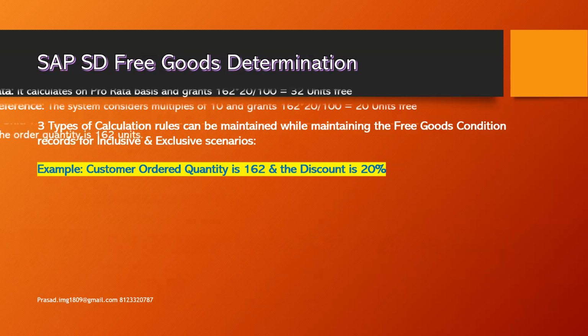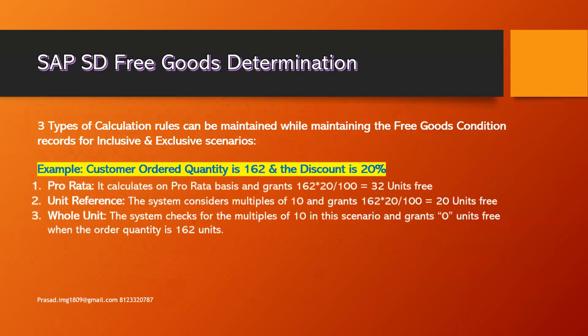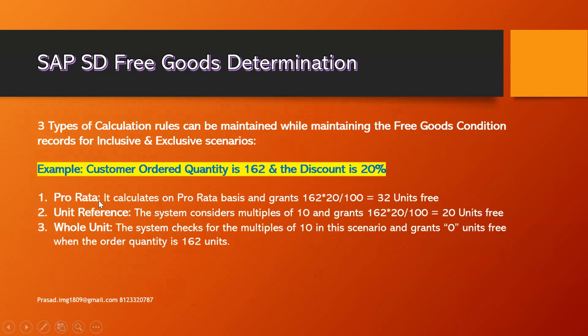Then what happens? There are three rules. The first rule is pro rata basis. That means it calculates on pro rata basis and grants the discount accordingly. Suppose 162 into 20% is equal to 32 units free.